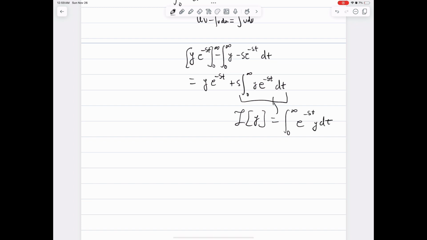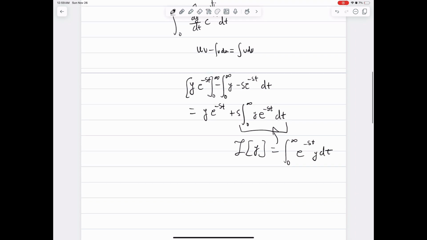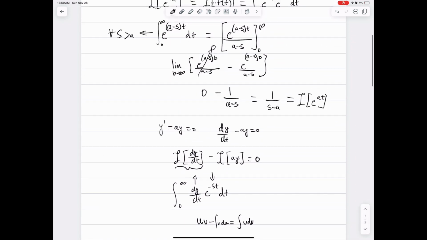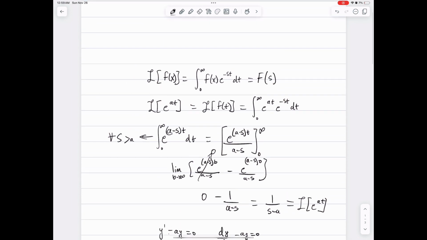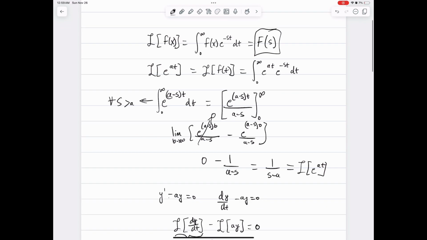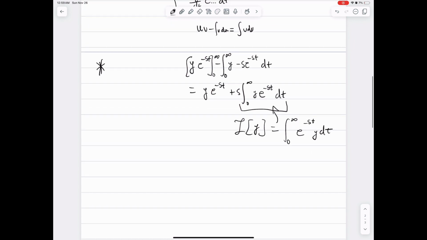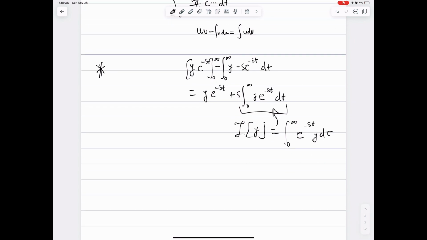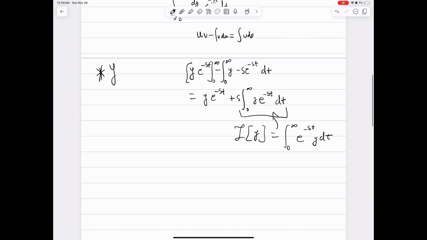I'm going to make a disclaimer here: earlier, when I took the Laplace transform of the function f of t, I said the resulting transformed function would be capital F of s, a function of s. So in this case, we can say capital Y of s would be the transform of y.